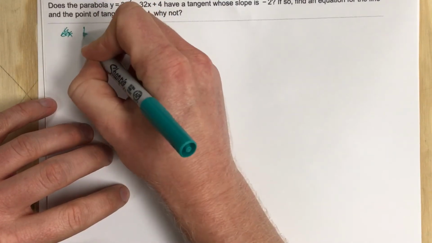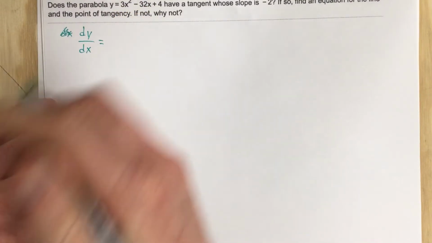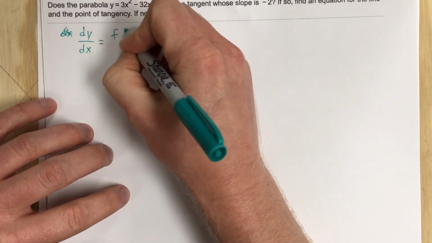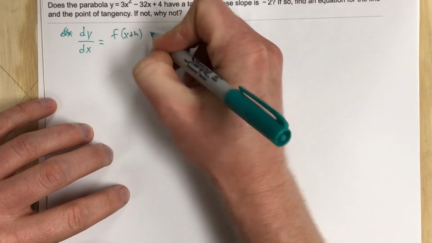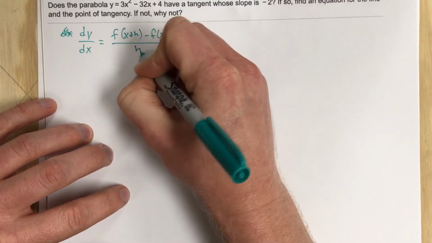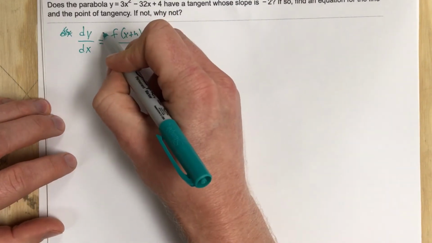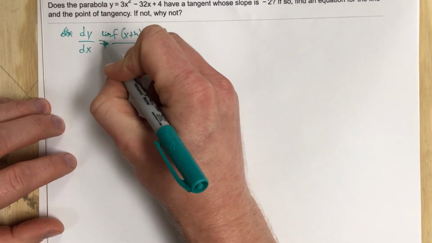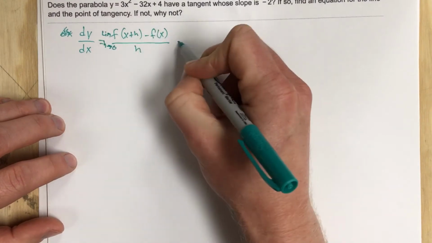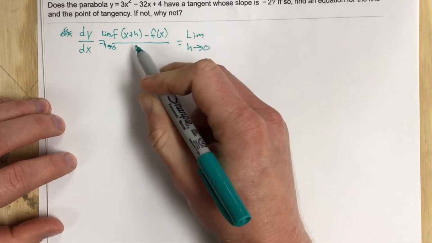So dy over dx is going to equal the limit as h approaches 0 of f of x plus h minus f of x all over h. I should have said limit here. So that's going to equal the limit as h approaches 0.